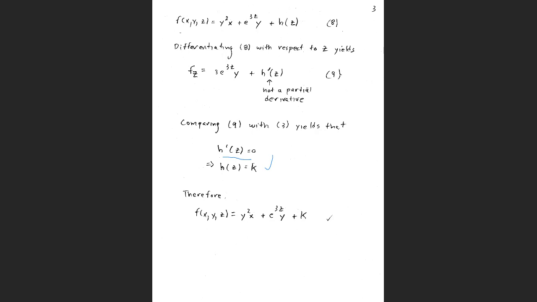And now we've identified our potential function. I like to leave the k there, but you can set k equal to 0 if you like.